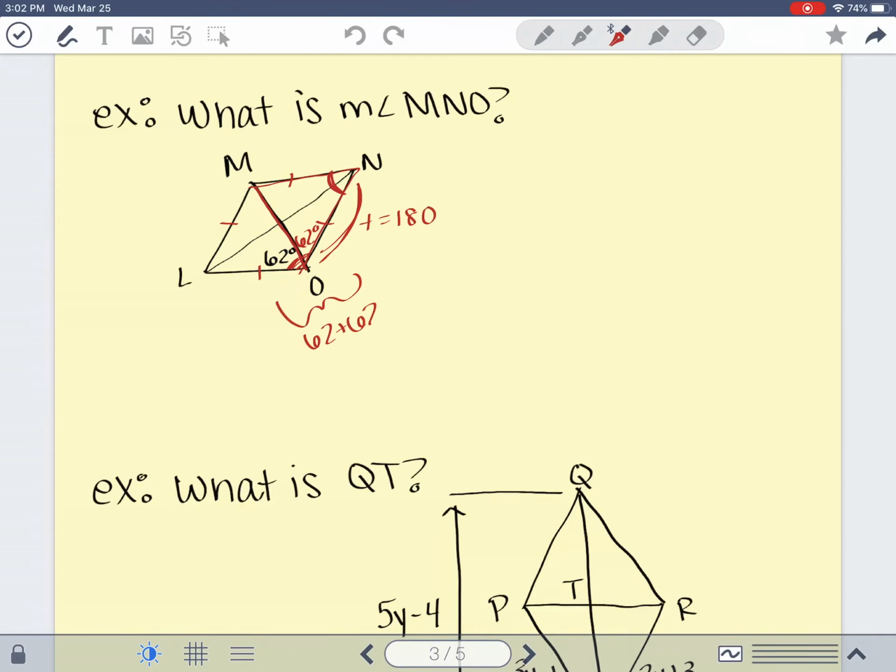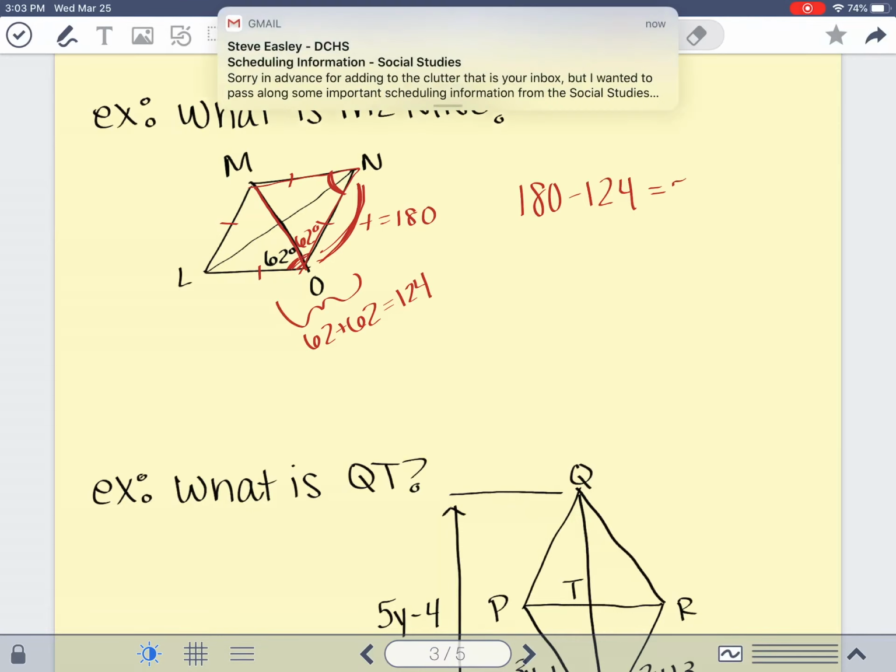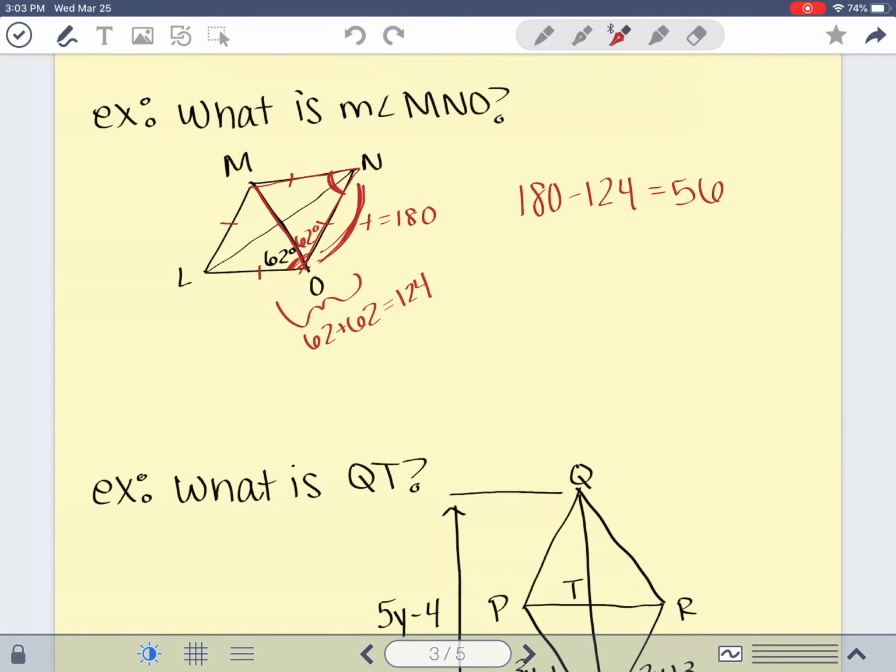So this whole angle right here is 62 plus 62, which is going to equal 124. Now, since these two angles add up to equal 180, we can do 180 minus 124, and that is going to give us 56. So all of this angle right here, MNO, is going to be 56 degrees.